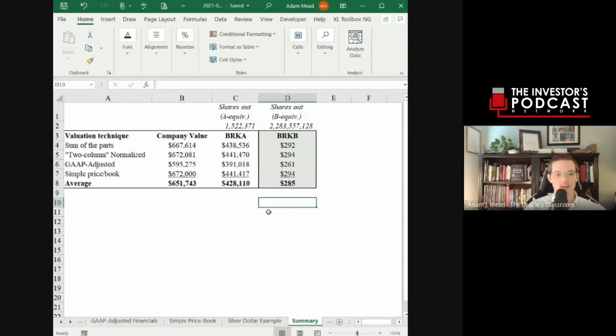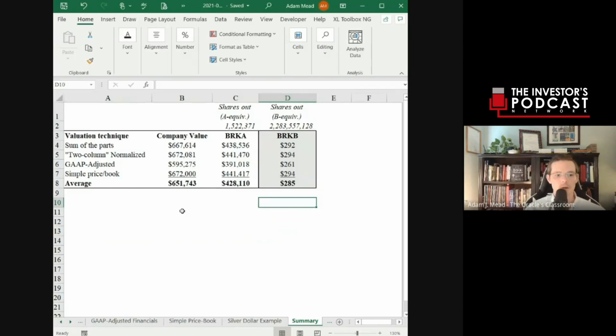If forced to pick, I would probably pick the sum of the parts, only because you can break things apart and think about each individual business differently. You can really see the sources of value and think about your inputs.